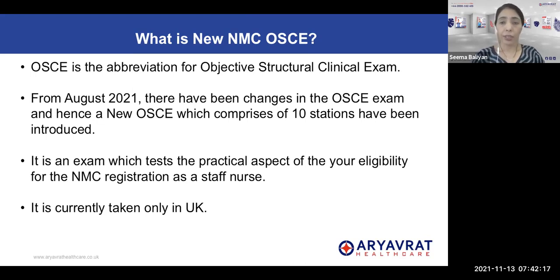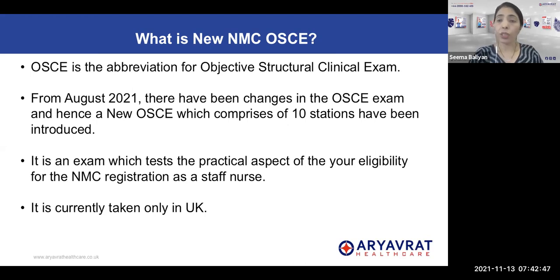As I have already said, from August 2021, this exam, the OSCE, as well as the CBT, have changed a little bit. Now there are various aspects which are checked in the CBT and some other aspects which are checked in the OSCE. Earlier you needed to take one paper of CBT, but now the exam is divided into two parts, the numerical and the clinical side.